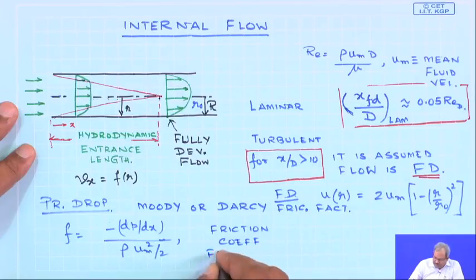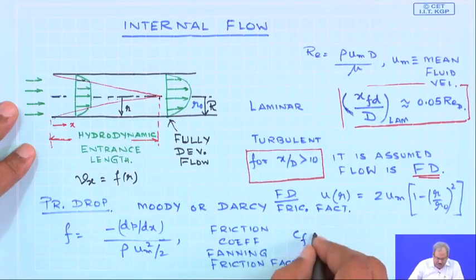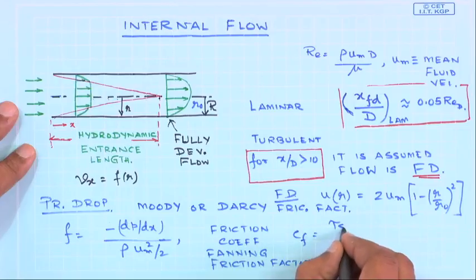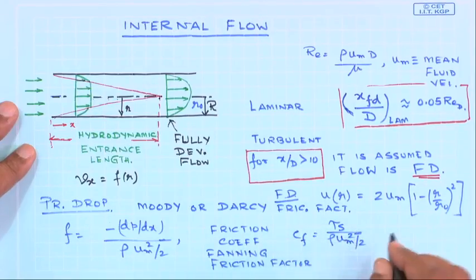And when you talk about the friction coefficient or Fanning friction factor, this Fanning friction factor is Cf, which is wall shear stress divided by rho um square by 2, and you would see that this Cf is going to be equal to f by 4.